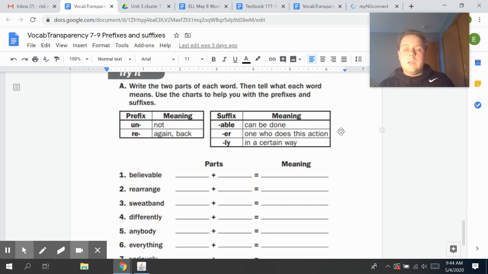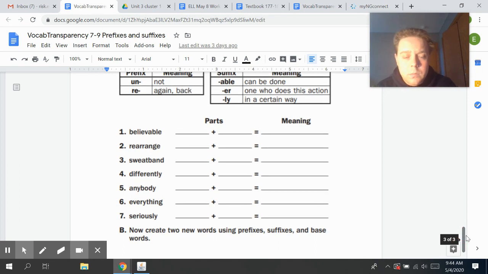So again, this kind of puts all the stuff that we've been talking about together. Un means not. Re means to do again. Able means can be done. Er, one who does the action. Ly or y, in a certain way.